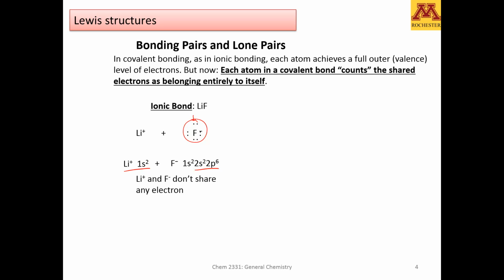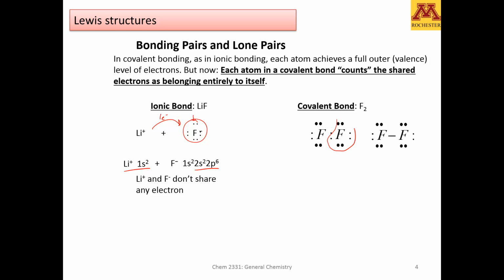So the ionic bond described in terms of Lewis structures does not share any electrons in between, because there's a net transfer of 1 electron from lithium to fluoride, so there is no covalent bond that we could talk about. You will see a covalent bond when you actually have a sharing of electrons, such as in fluorine, F2.